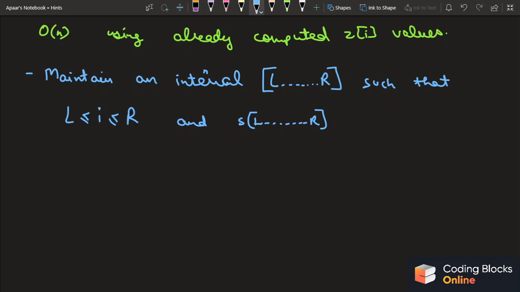So this substring is also the prefix string.